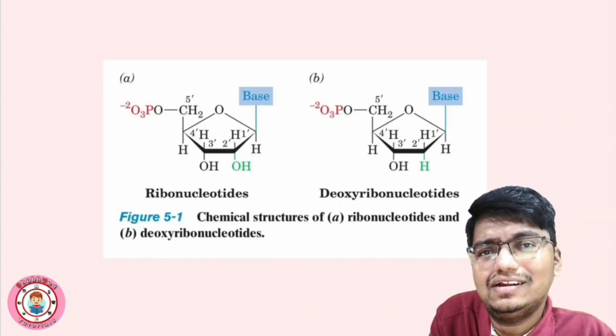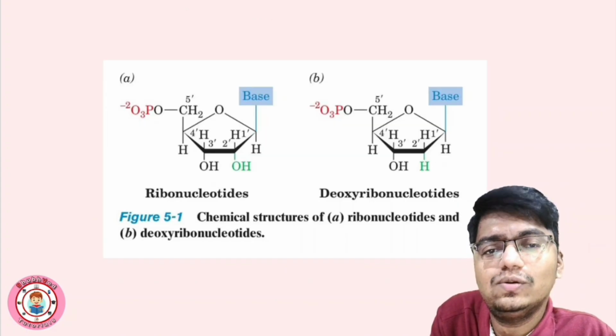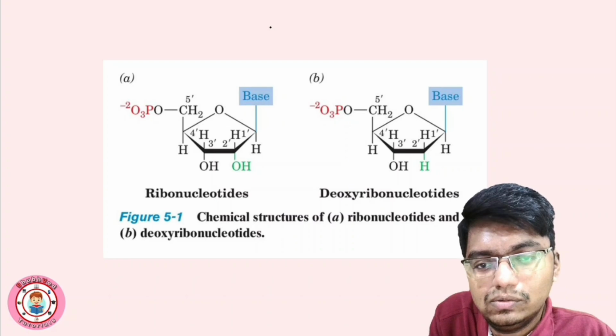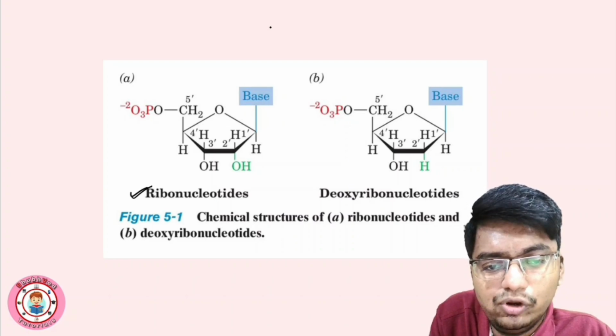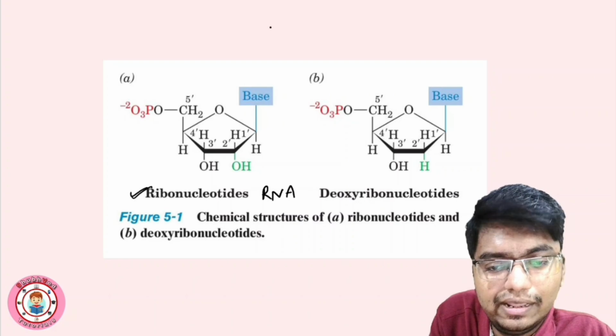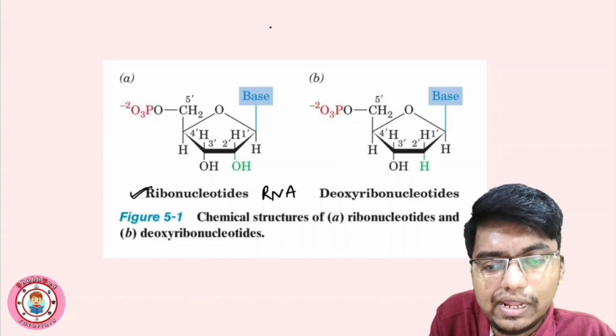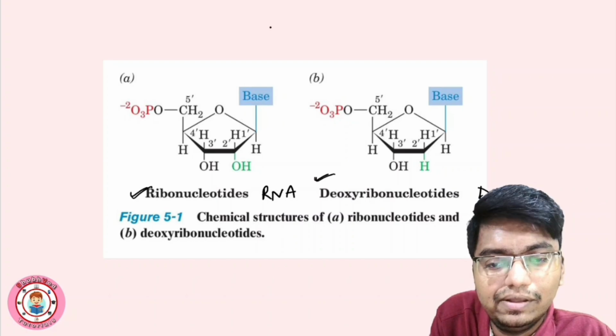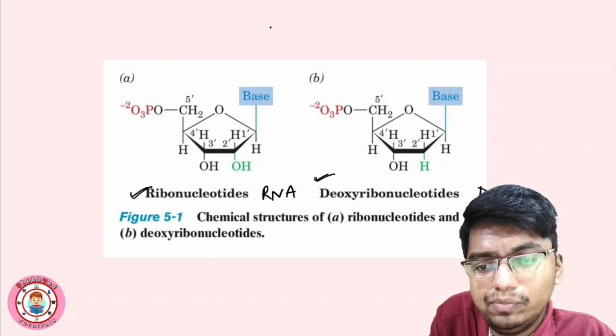Now let's understand the biochemistry of this molecule with the help of pictures. It will be more easy. So this is a ribonucleotide, basically present in RNA, and deoxyribonucleotide present in DNA. Chemical structure is very important.